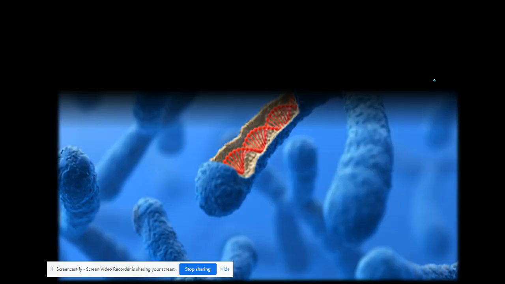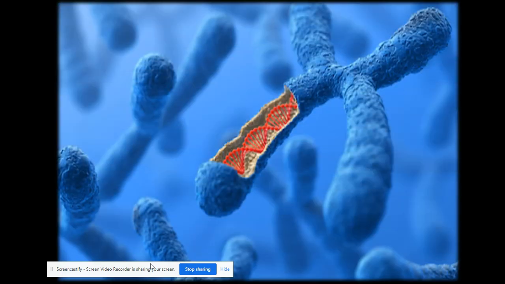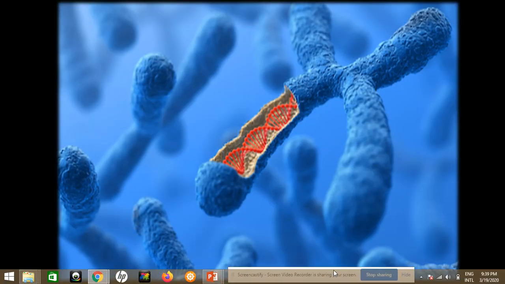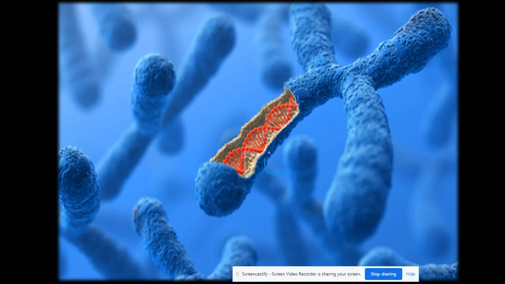Now, this is a very nice picture which I want you guys to look at. This is a chromosome, and as you can see, guys, we have this DNA coiled and condensed until it forms this structure, which is the chromosome.